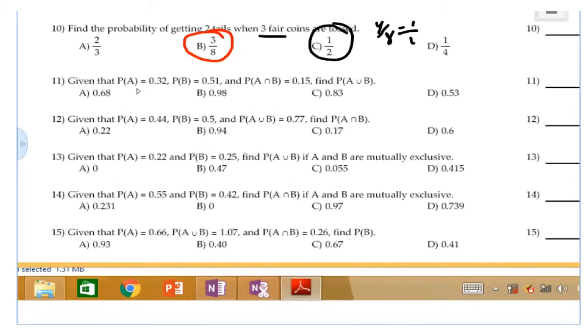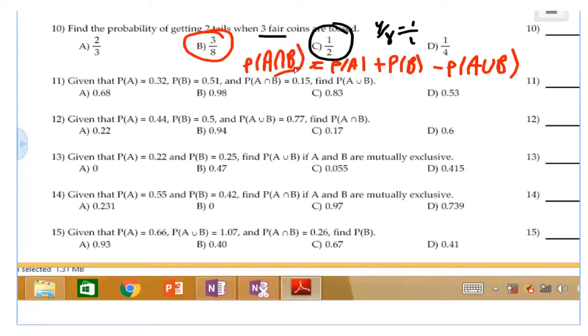Now for number 11, given the probability of A and the probability of B, and this is the intersection, we said yesterday that the probability of the intersection is equal to the probability of A plus the probability of B minus the probability of the union. And the probability of the union is equal to the probability of A plus the probability of B minus the intersection. So if the intersection is at the left, the union is at the right. I want to find the union.